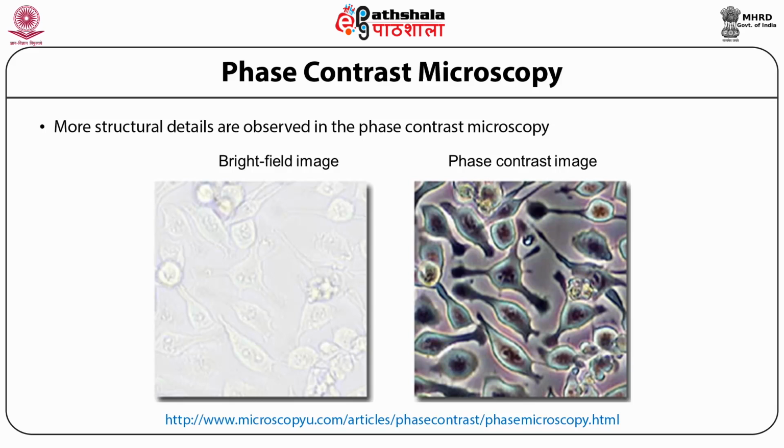The regions within the circles drawn on the first image are hardly visible in the bright field image, but in phase contrast microscopy you see those regions having more contrast. So this is the beauty of phase contrast microscopy, that you not only see transparent samples, but you get more structural details as well.